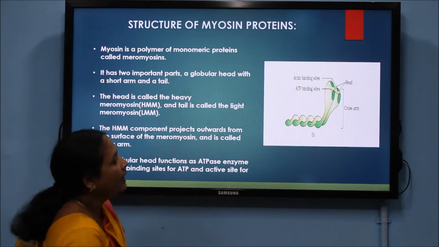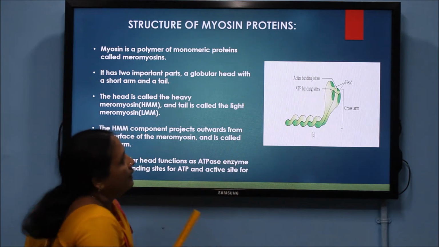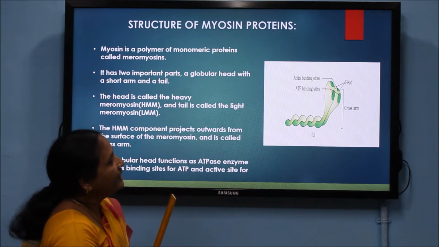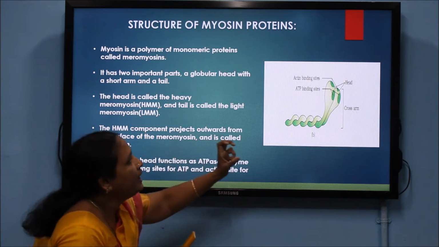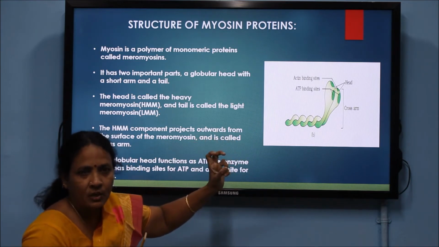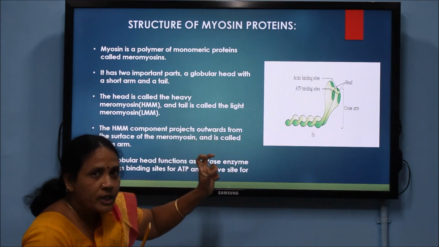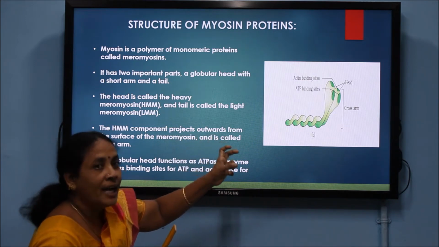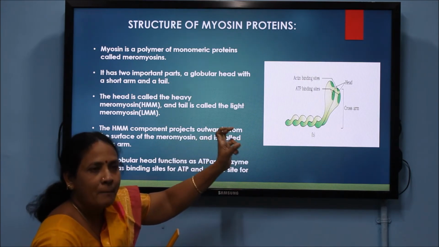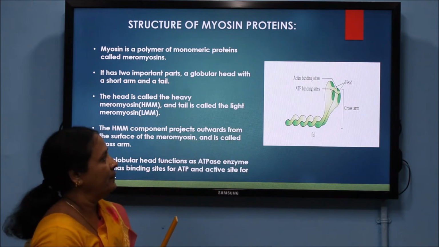The globular head portion has the actin binding site as well as the ATP binding site. It supplies the energy due to the ATPase enzyme present in the head region.